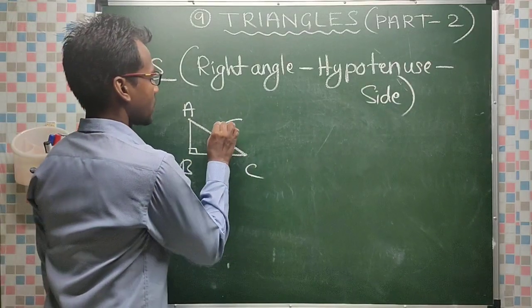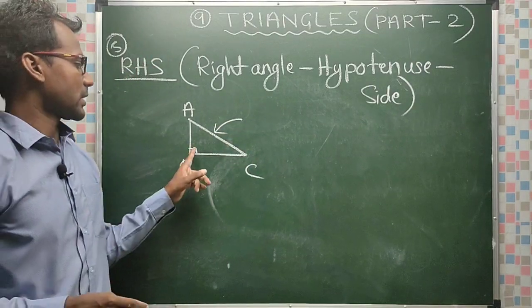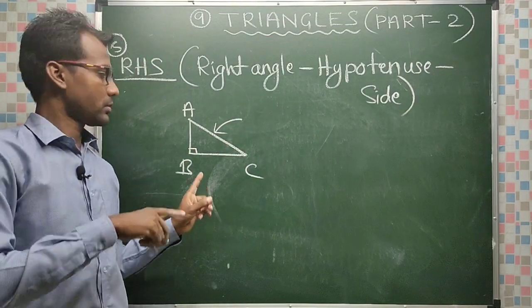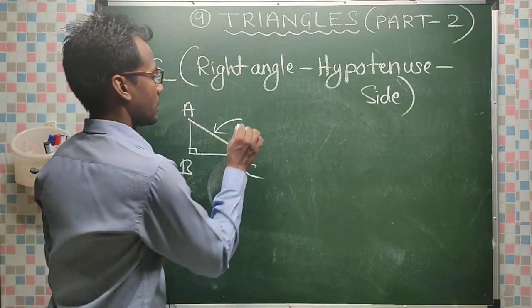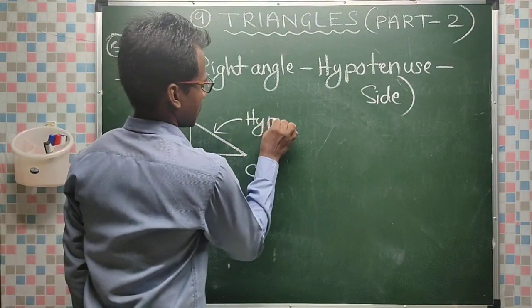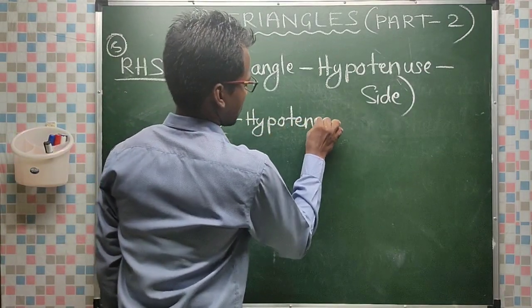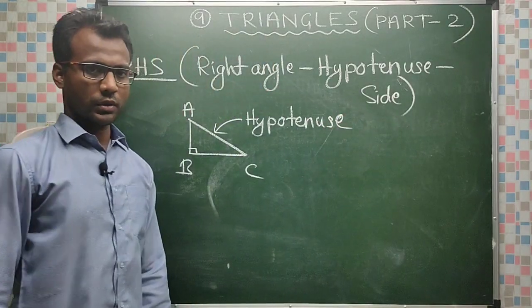The side opposite to B, the side opposite to the right angle, here AC, is called the hypotenuse.